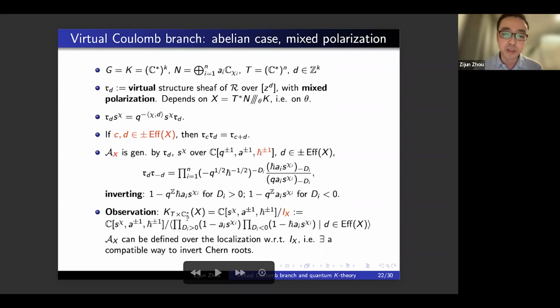What I mean by that is that the K-theory of hypertoric varieties has a bunch of relations, which you can write as a product.